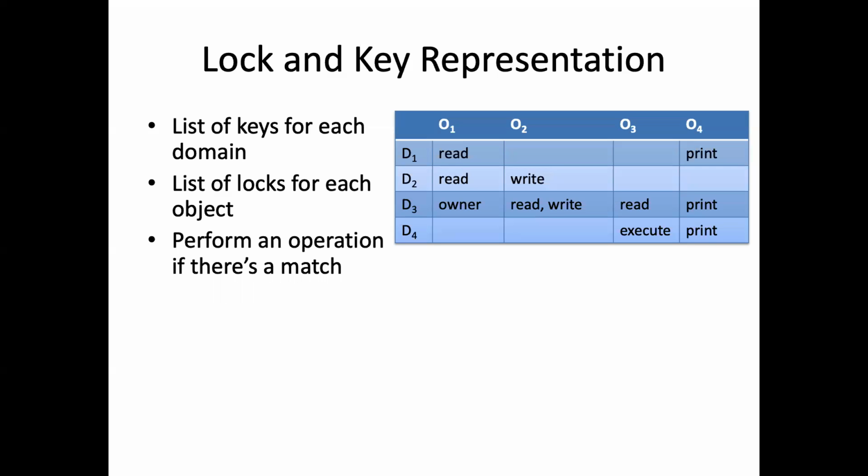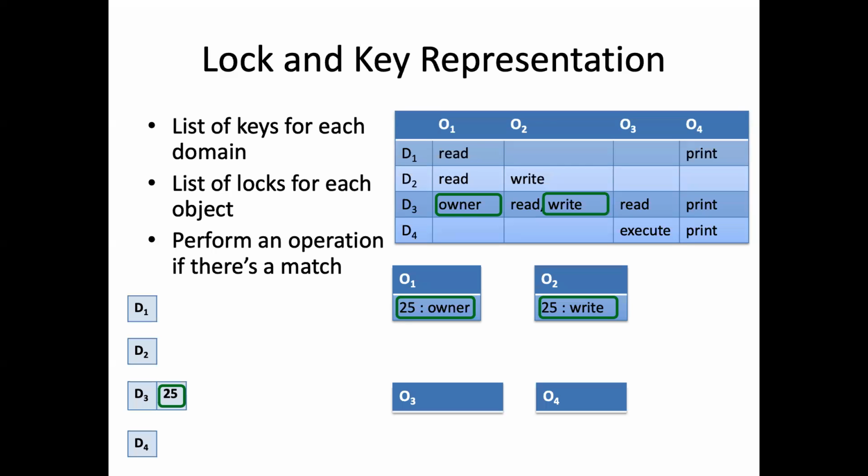It keeps a list both for every object that can be accessed and for every domain that can access that object. And it connects these two together using typically a numeric key that says, if you're running in this domain, you can do these various operations on a particular object. So if we took the same access matrix and we're trying to represent it within an OS more efficiently, there are several ways we could carve this up into a lock and key mechanism.